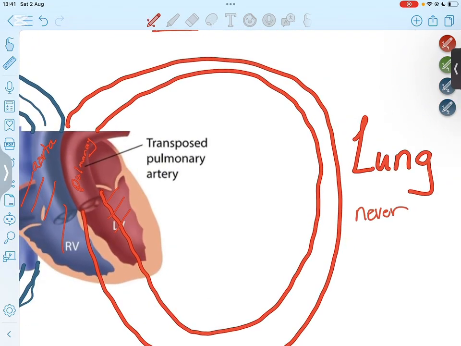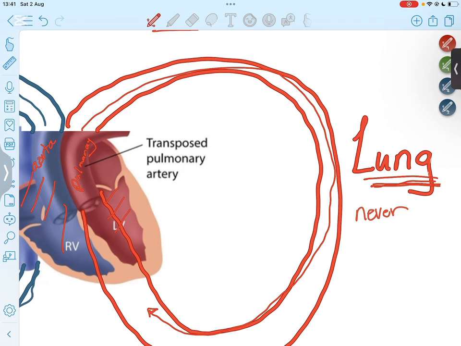Now with the pulmonary artery, the blood comes out and returns, going to the lungs. So it will always be oxygenated blood.